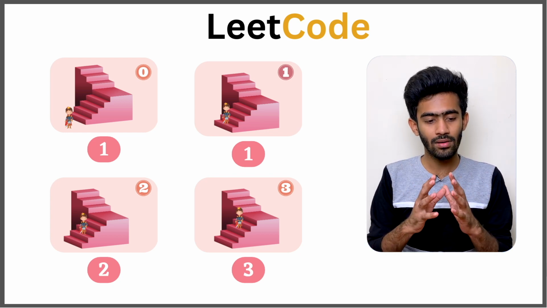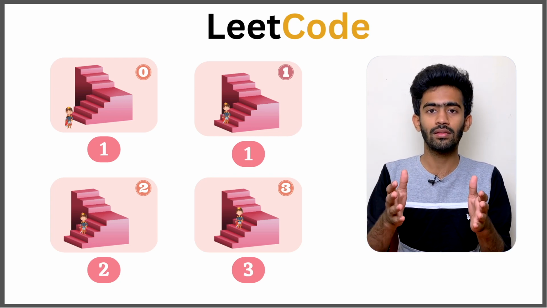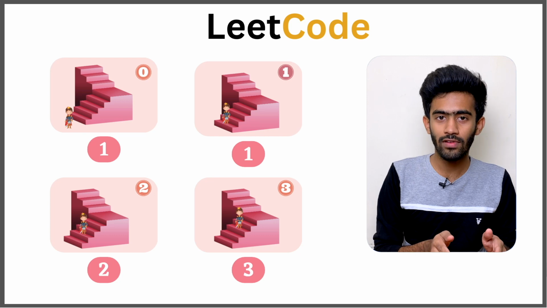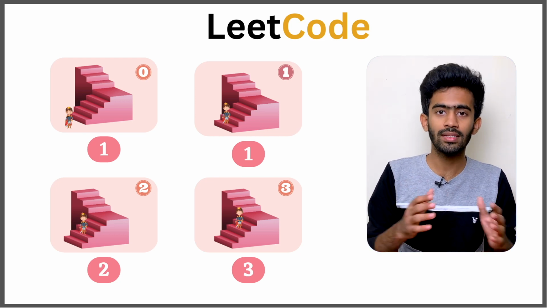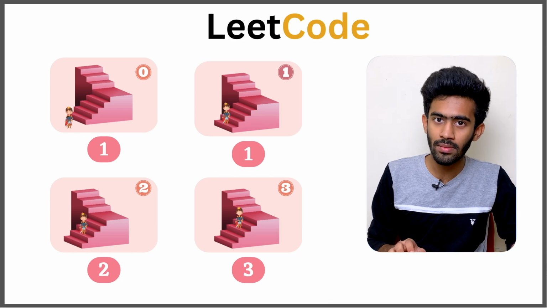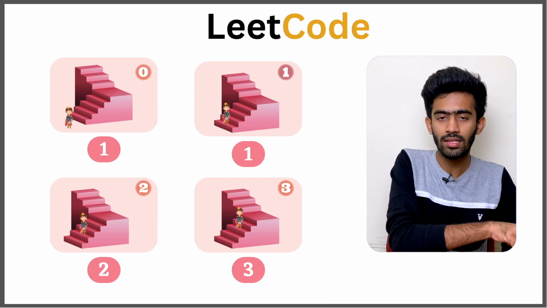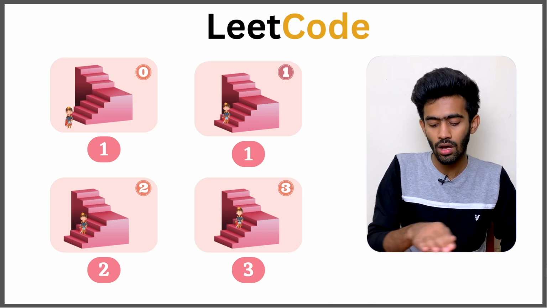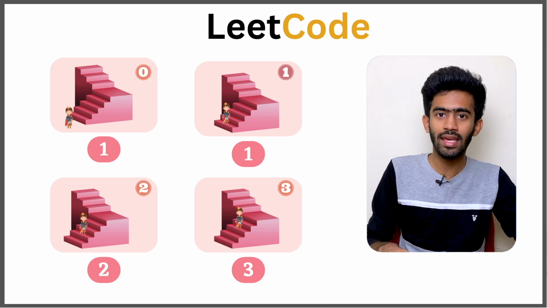But essentially, the process that goes on here is that we are forming a recurrence relation which says that f of n is equal to f of n minus 1 plus f of n minus 2, which means that to reach step n, you can either come from n minus 1 and take 1 step to reach n, or you can come from n minus 2 and then take a 2-step jump.